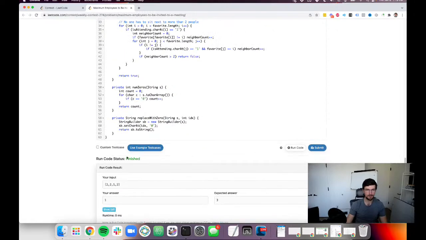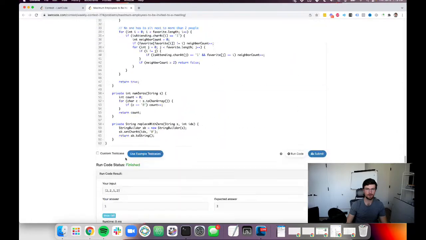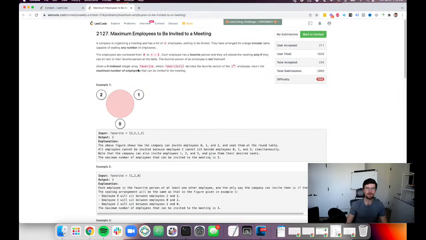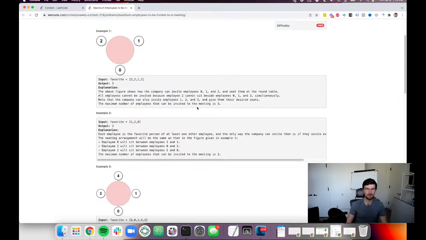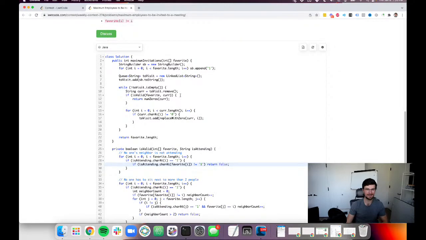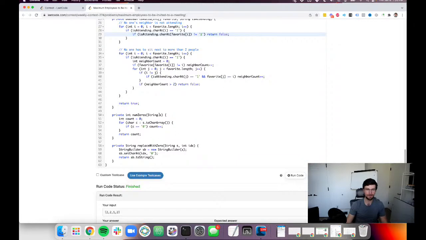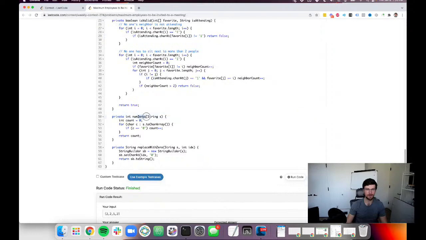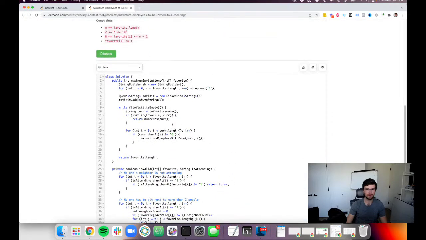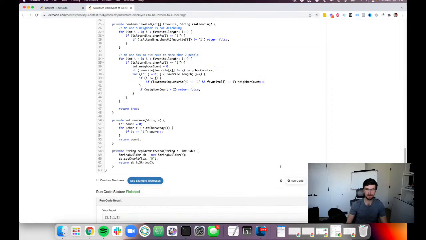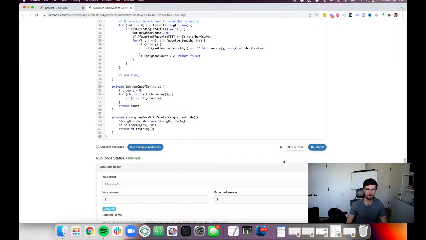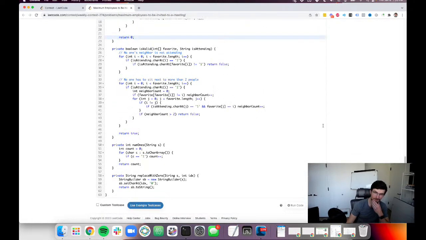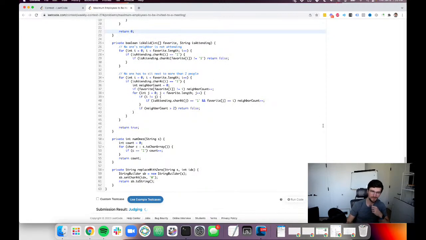All right, so we got a result. Am I doing this backwards? Oh, yeah, I think I am. It's the number of people who can attend the meeting. I was like, this looks like it's the exact inverse. So that means that we just want to count the ones instead. And then this does become 0. That was just my bad. Okay, that time we did get the right answer. Moment of truth, drum roll.